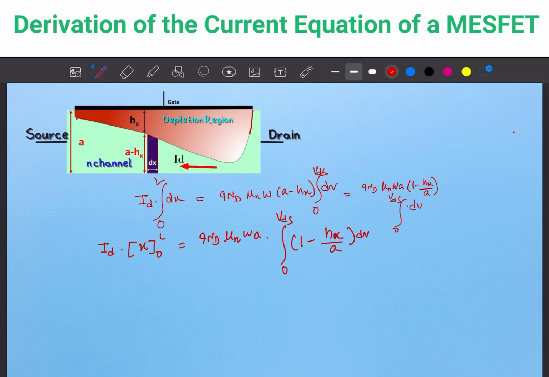Here in this equation, we don't know the value of h(x) and a. Without these two values, we cannot do the integration.